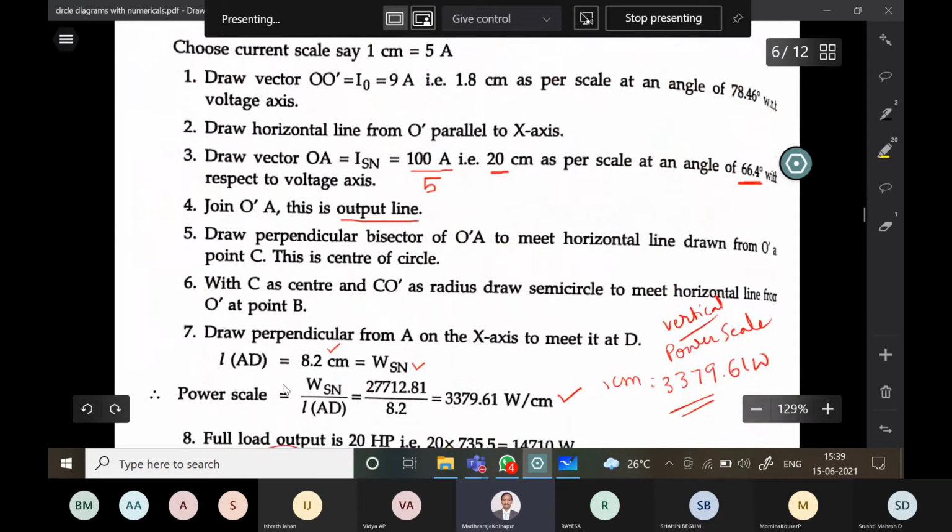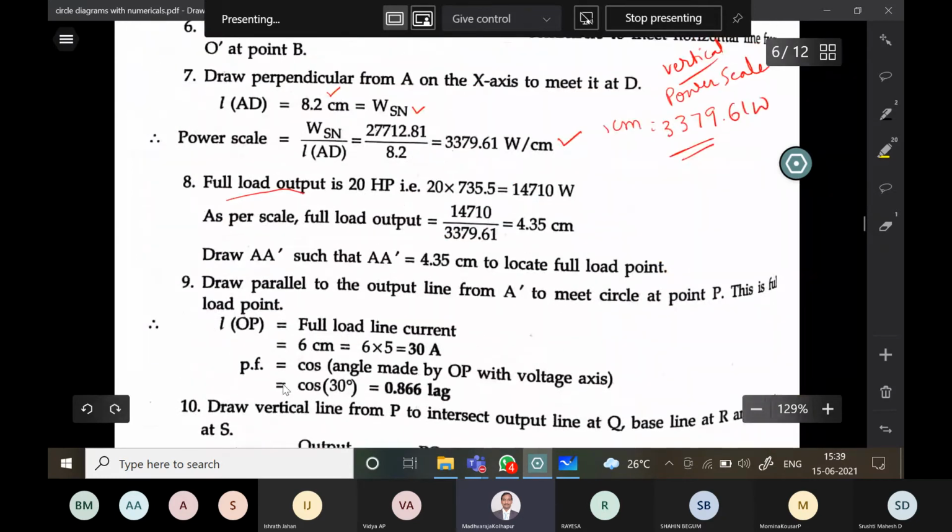Each 1 HP is equal to 735.5 watt. Therefore 20 into 735.5, converting HP to watt, gives 14,710 watt. So this is the full load output.